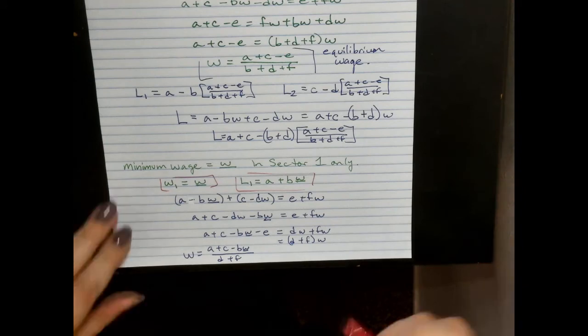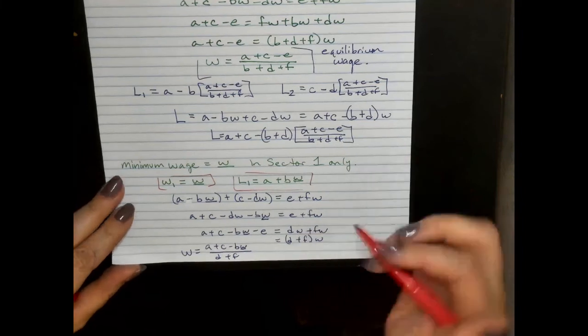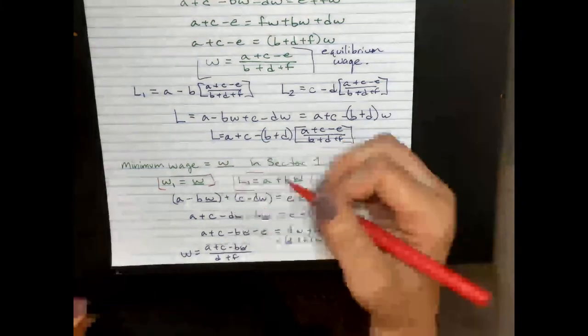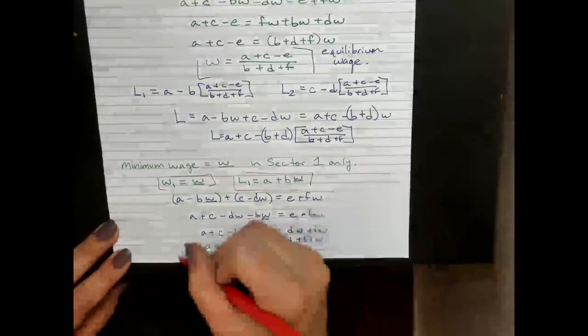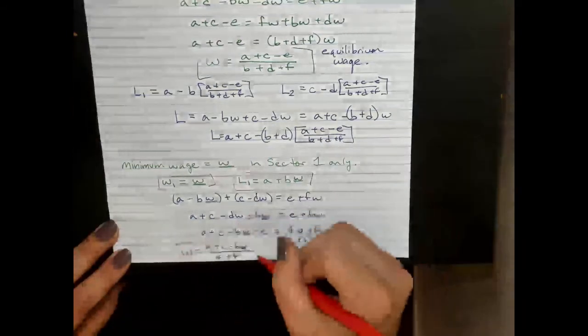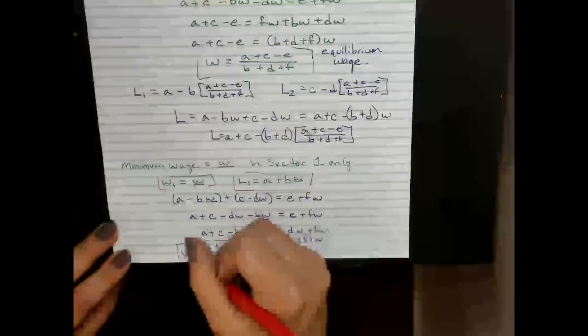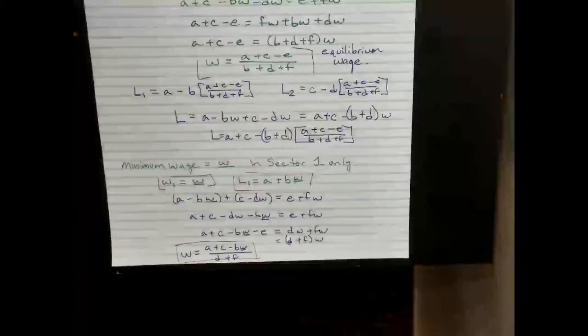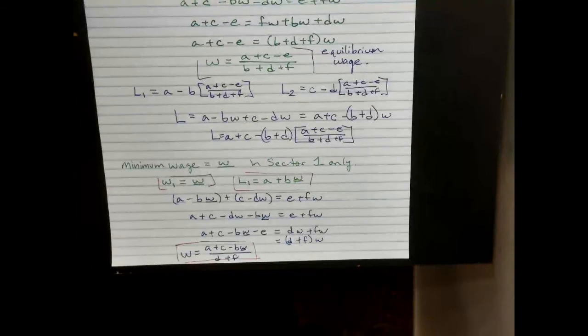Okay, sorry about that. Something's going on and Camtasia is mad at me, but this is our wage in sector 1. This is our labor in sector 1, and now we have our wage in sector 2. So we can solve for the labor in sector 2 and the labor demand and the labor supply.